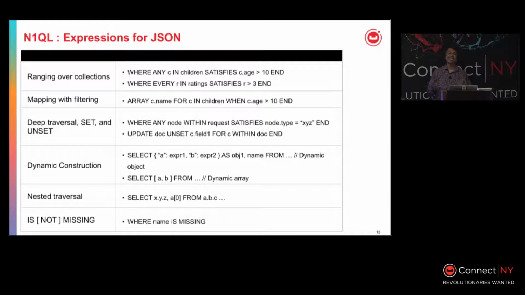You can construct JSON. JSON is a first-class literal and object within the query language. You can construct any kind of JSON anywhere an expression is allowed, whether it's the projection, the predicate, or an aggregation. JSON is a first-class citizen. Nested traversal I talked about, and to introspect whether a key attribute exists or not, you can use the missing, not missing predicate.